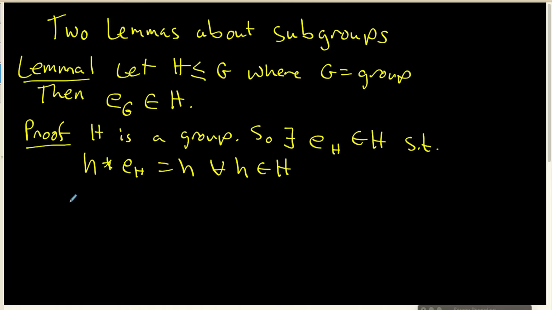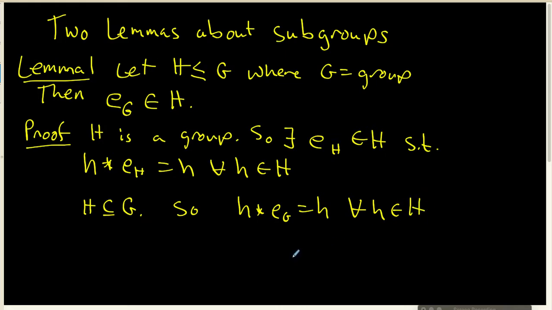But I also know that H is a subset of G. So I also know that h times e_G is equal to h for all h's inside H. And this is going to let me figure out that e_G and e_H are actually the same thing.